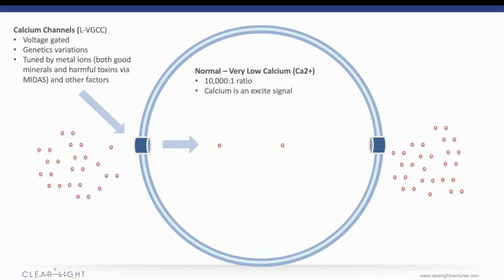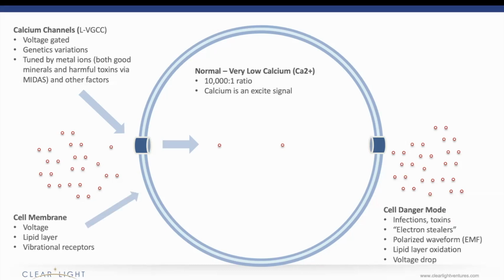Okay, now the calcium goes in through that channel. Now, the cell membrane has its own voltage and a lipid layer on the outside and these vibrational receptors. And also that can respond anytime there's a stealing of electrons, as Dr. Naviaux would say when he talks about cell danger mode, he talks about electron stealers.